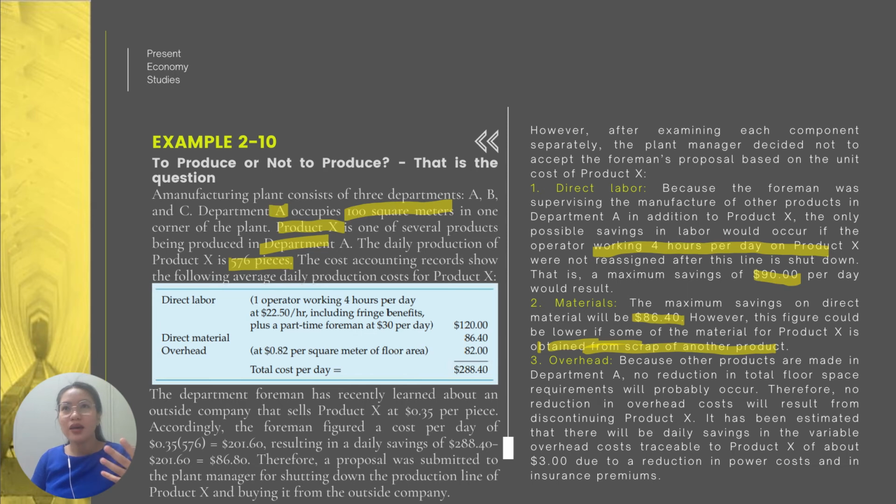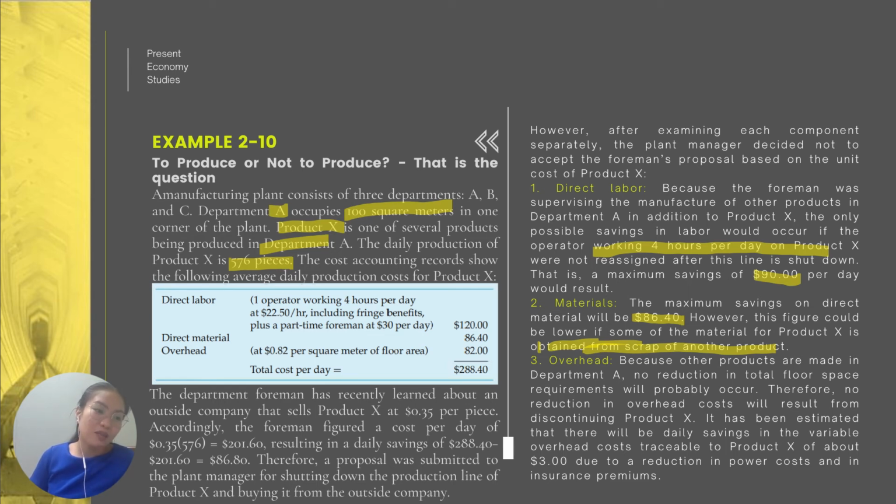Murag wala ra gyapon effect kung mo-opt ka sa mag-outsource kay gamiton man gihapon nimo ang tibuok floor area sa Department A. That's his point. And therefore, no reduction in overhead cost will result from discontinuing product X.